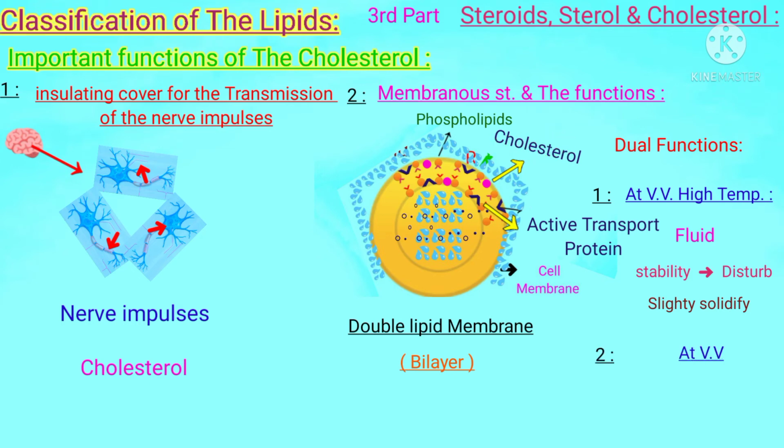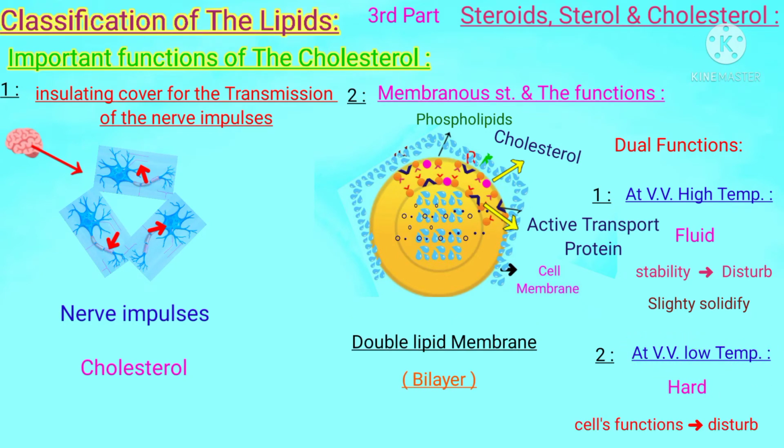Next, students, at low temperature, there is a chance that the cell membrane will become thick and hard. Remember this important point: we don't want our plasma membrane to be hard or liquid, but to be in the middle form, slightly liquid and slightly harder. But at low temperature, when the plasma membrane becomes hard, the function of the cell will also be disturbed, and the movement of substances will be prevented.